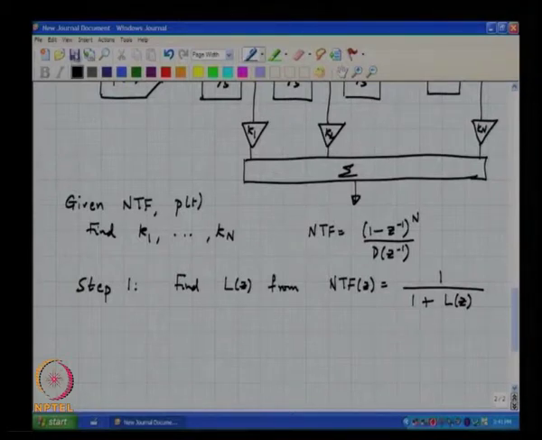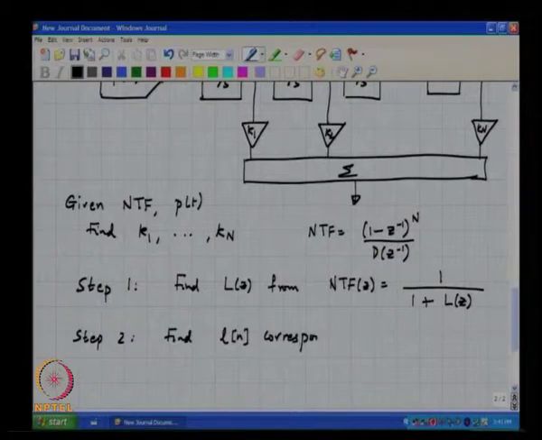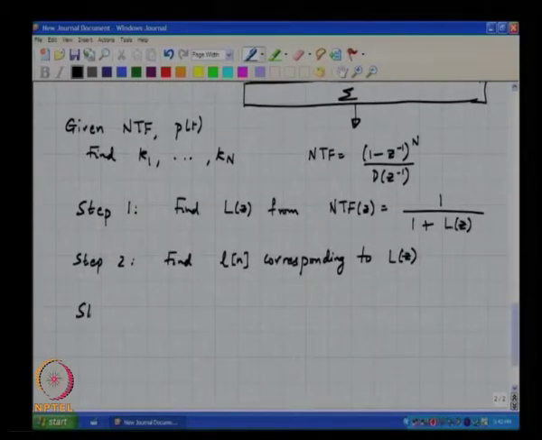Then what do we do next? Okay, find L of n corresponding to L of z. What next?